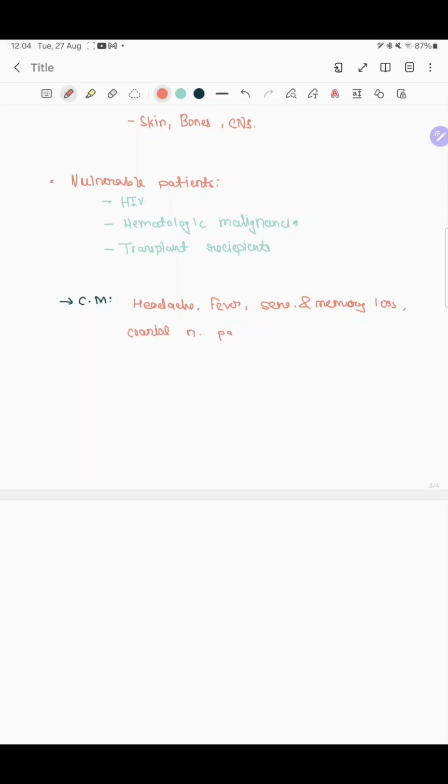Some others include skin lesions. It could be osteolytic bone lesions.